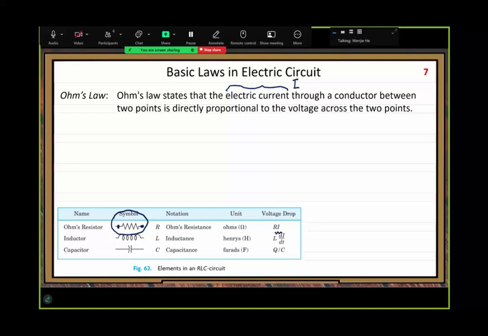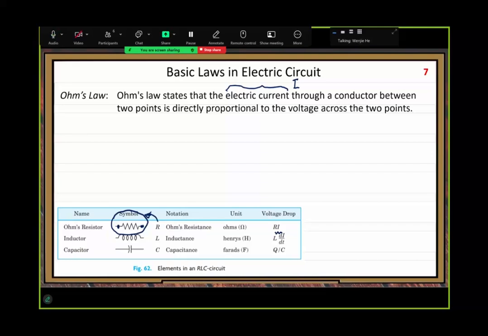And R is the resistor. We call it resistance, in the unit ohm, so this capital omega we call ohms.